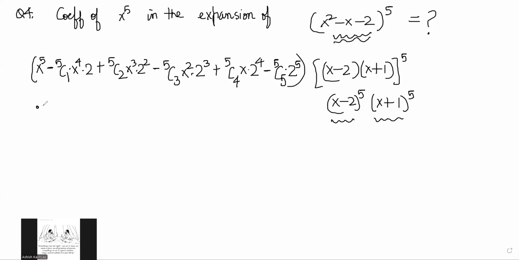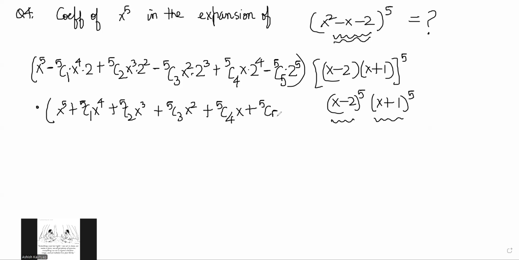That is the first sequence. And the second sequence is simple. It is x power 5 plus 5c1 x power 4 plus 5c2 x cube plus 5c3 x square plus 5c4 x plus 5c5, right?